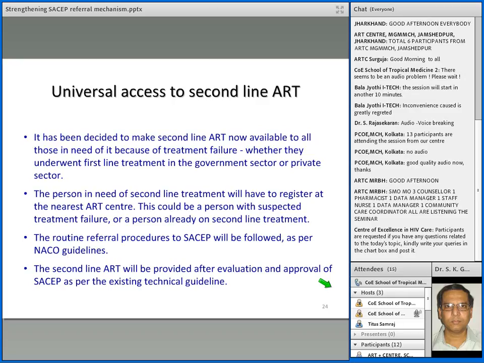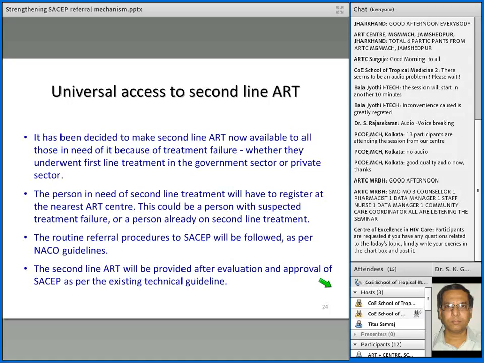This actually followed a Supreme Court guidance. Now if they try to access second line drugs from the national program, they are eligible for getting it from the public sector.